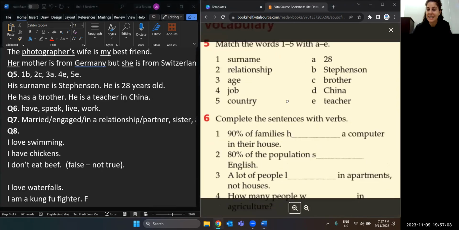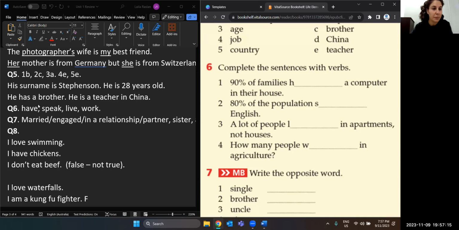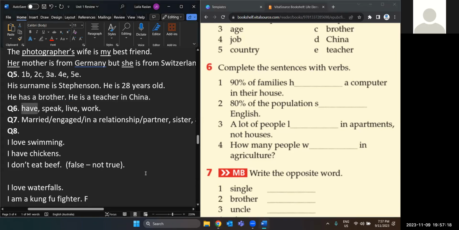Okay, let's complete the sentences with the verbs. So we learned to look at numbers and talking about percent. So 90%, we're talking about everyday verbs. 90% of families have a computer in their house. 80% of the population speak English.